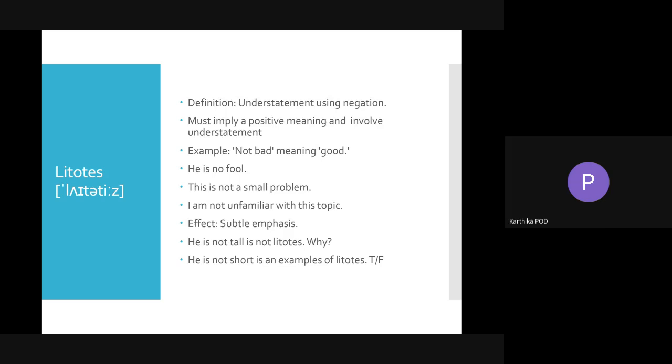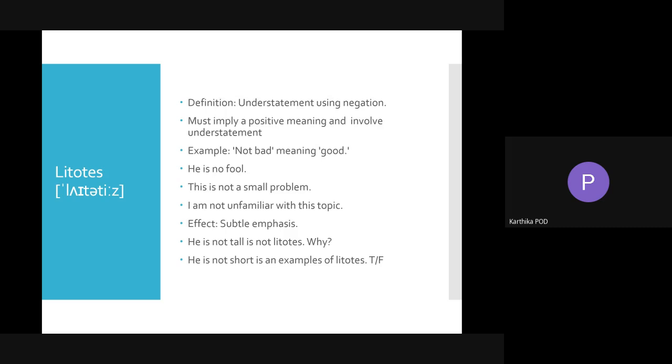The moment you see the word not, it means there is negation. So the first rule is there should be negation. In the sentence he is not tall, there is a negative word called not. Therefore it has negation.